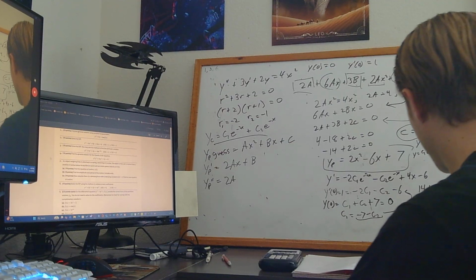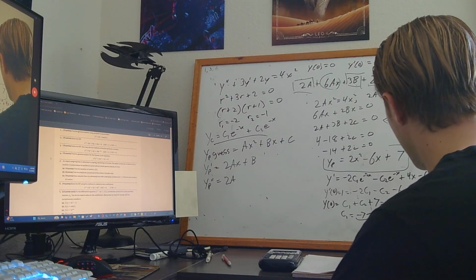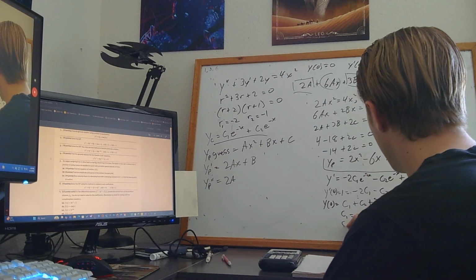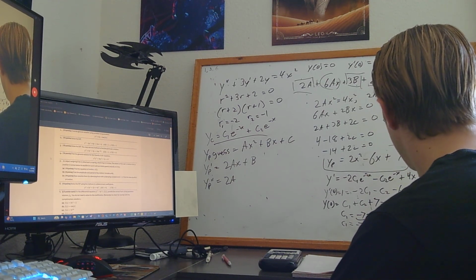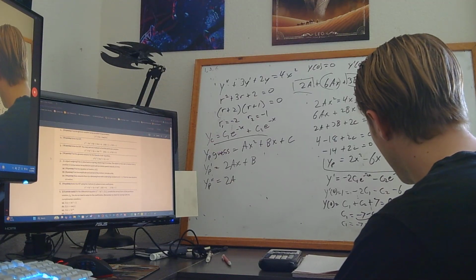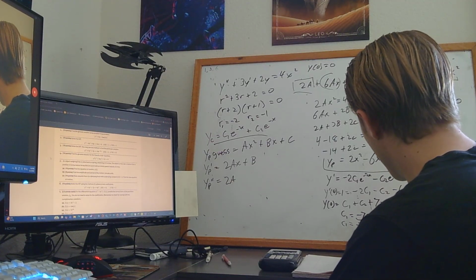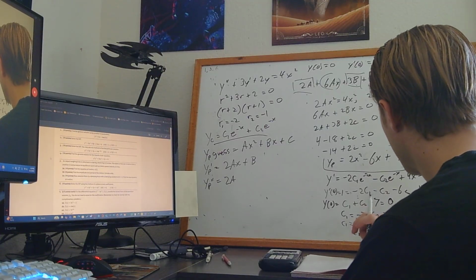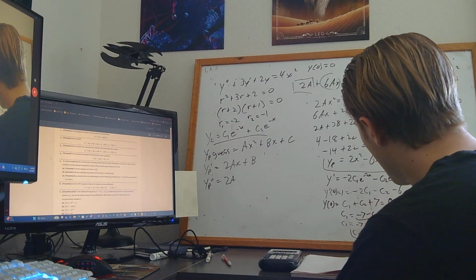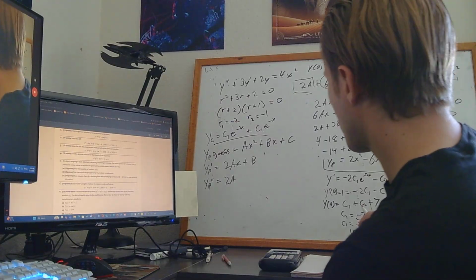Yeah. So we'll shove that right back into there. So c1 equals minus 7 minus negative 7. What is that? So c1 equals 0, looks like. Yeah. Alright, c1 equals 0.